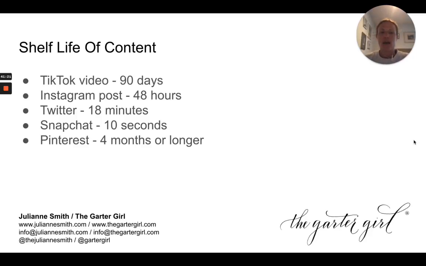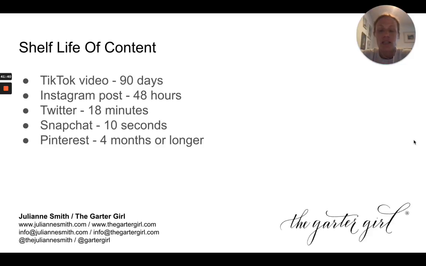I think this was really helpful. I looked this up the other day for another presentation I was doing, and that's the shelf life of content. When you do a TikTok video, it lasts for 90 days, meaning TikTok is promoting it, getting it out there, putting it in people's feeds for 90 days.